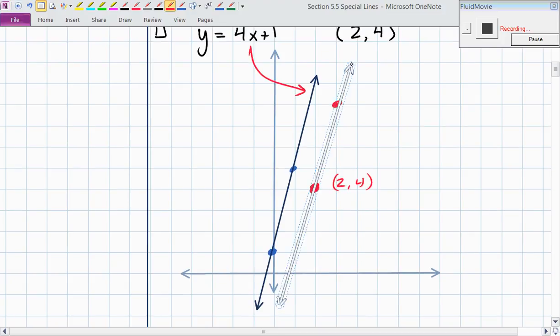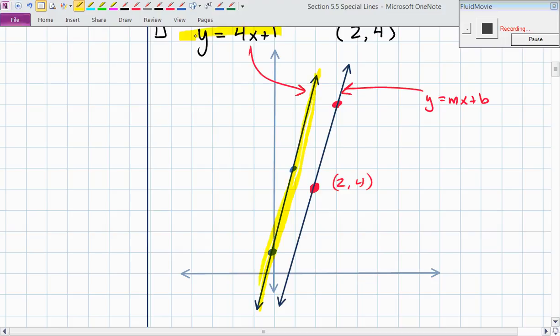Now to answer this problem, all I've got to do is figure out the equation of this line right here. y equals mx plus b. That's what I'm looking for. You guys understand so far? No? Okay, what part do we understand? Where we lost? We understand this is the line that I was given, the one that I'm highlighting right now, correct? And that's 4x plus 1.